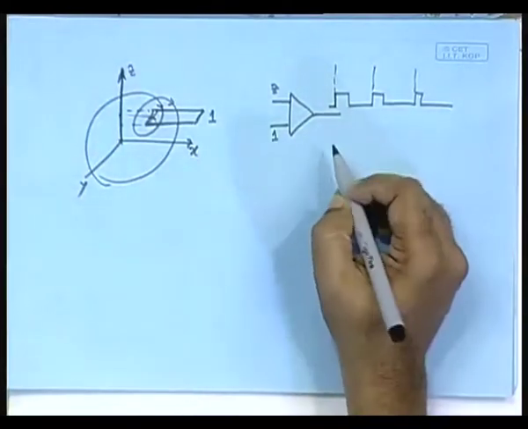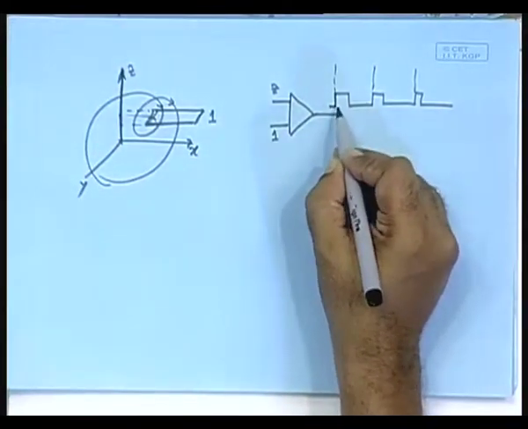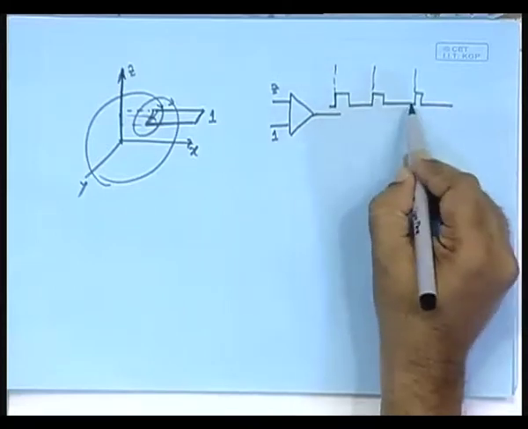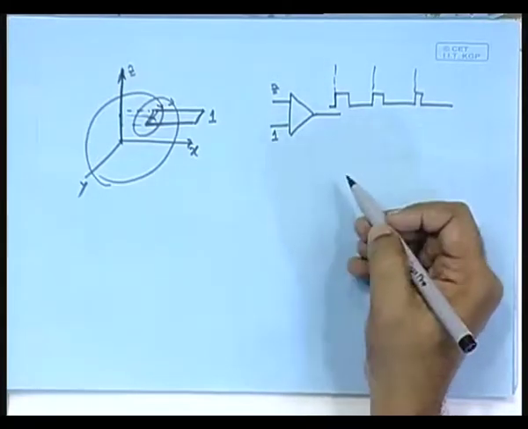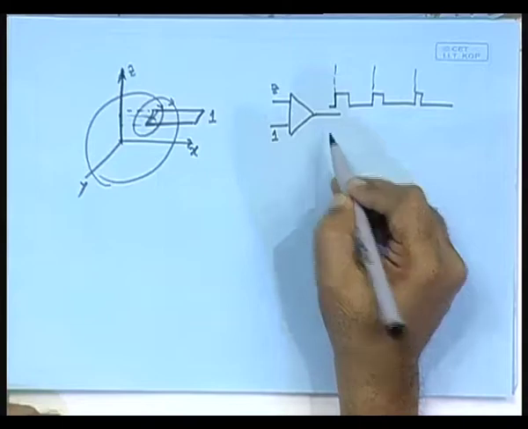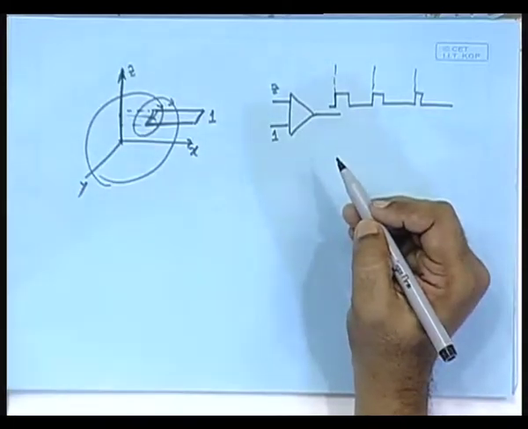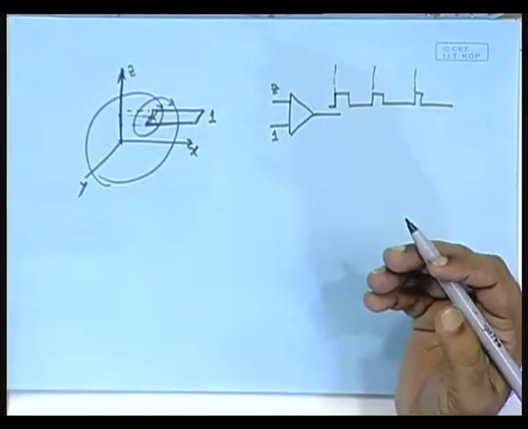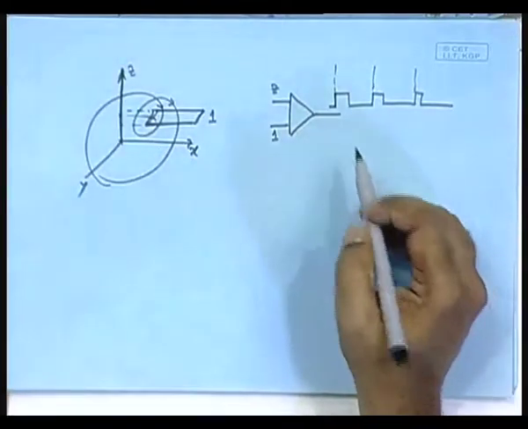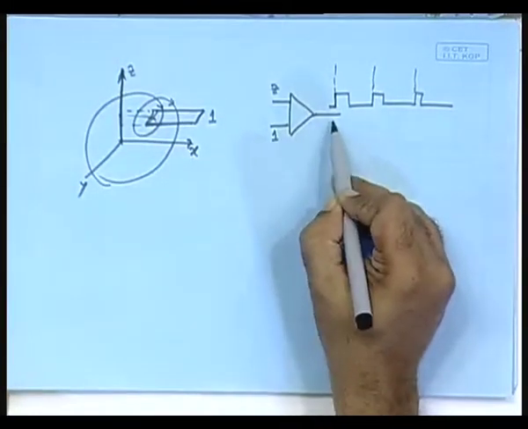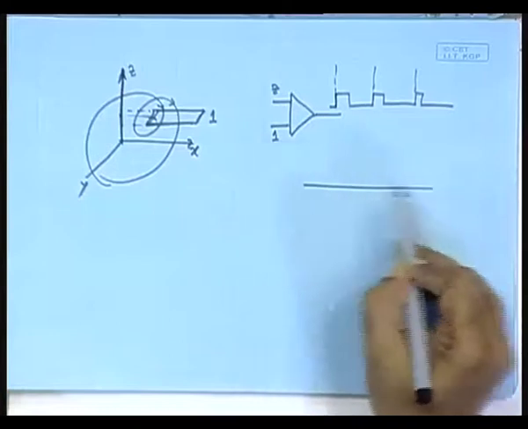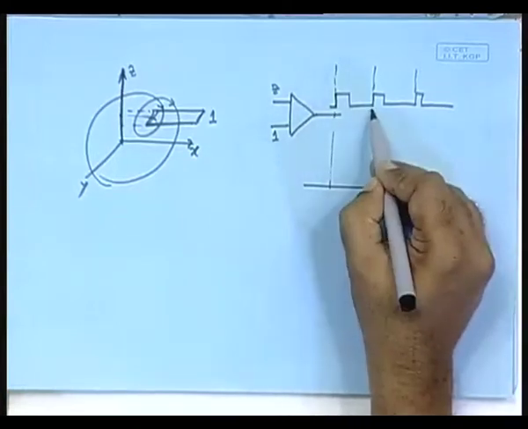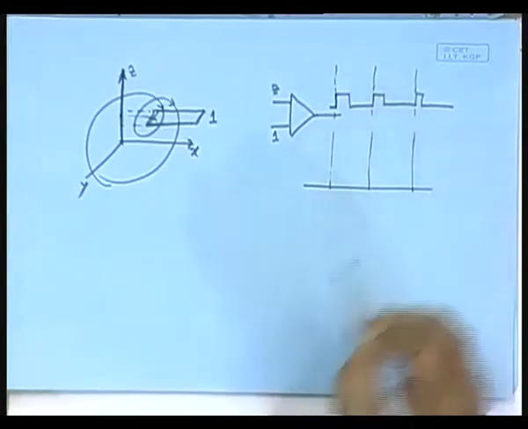So, suppose you are trying to observe it at the positive edge, then ultimately from here you need something like this. At this point you want to observe, at this point you want to observe, at this point you want to observe.